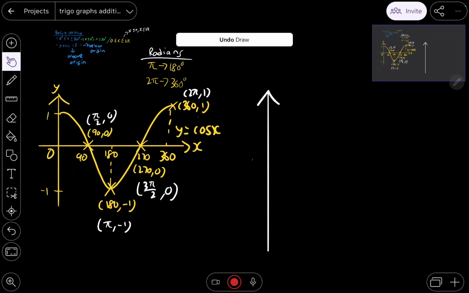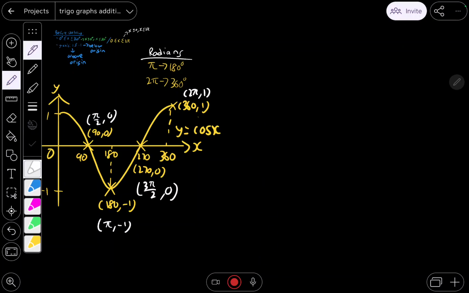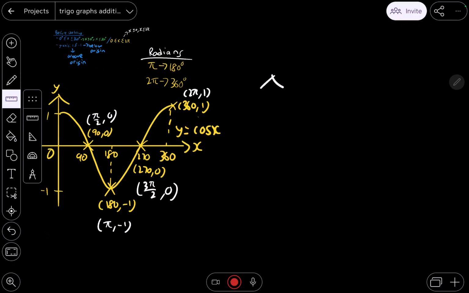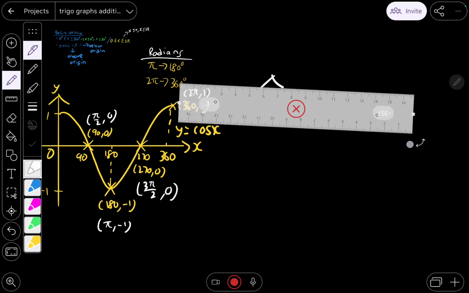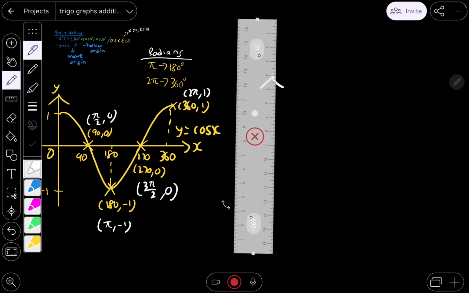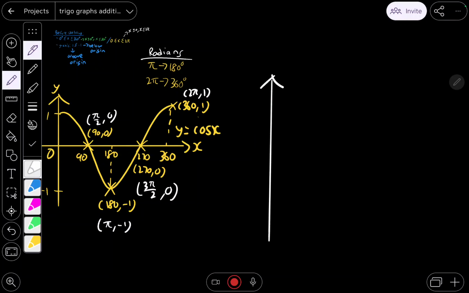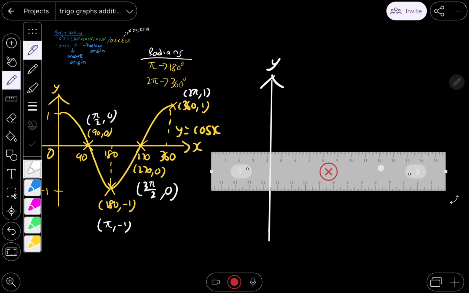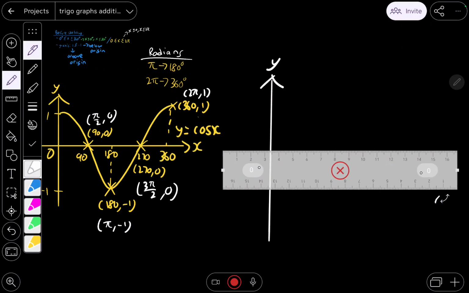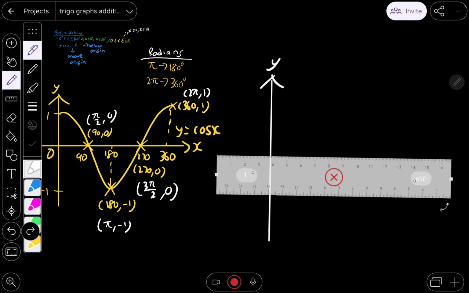All the arranging I'll do later, and of course I'll take a screenshot when I stop the video. I think the line's a bit crooked. So y-axis and your x-axis.